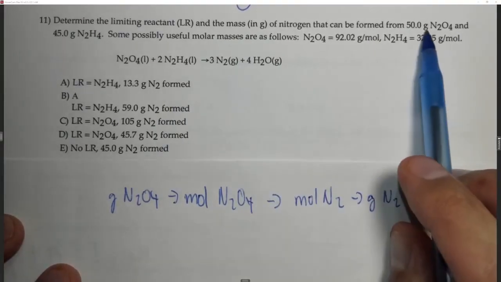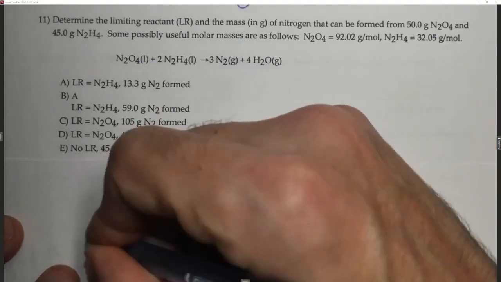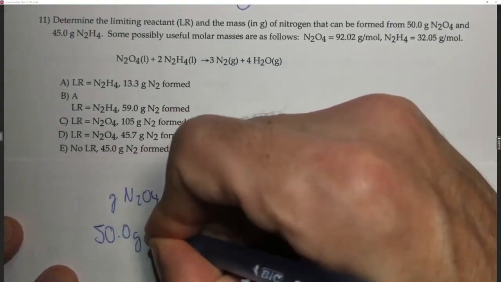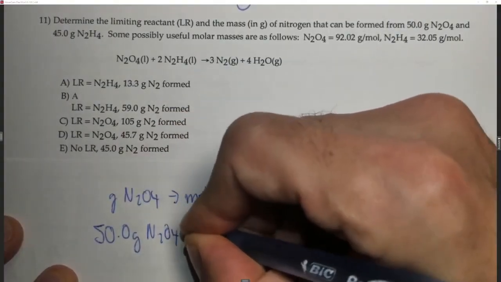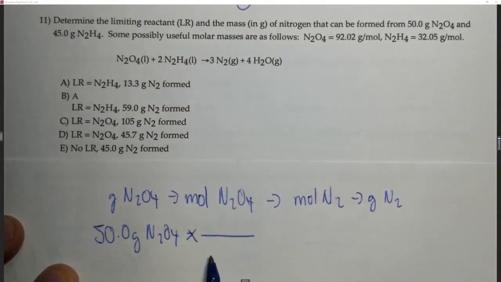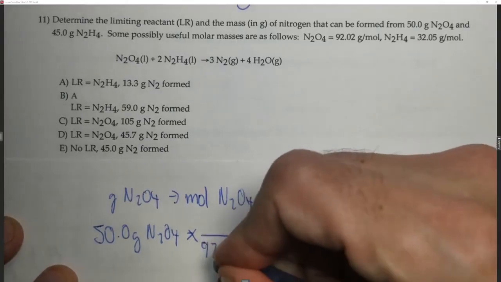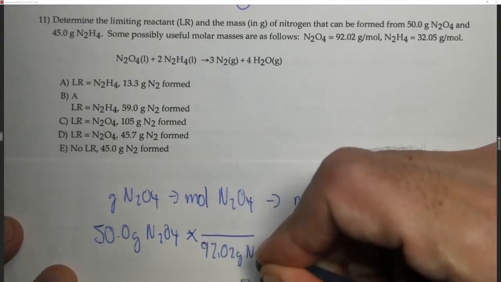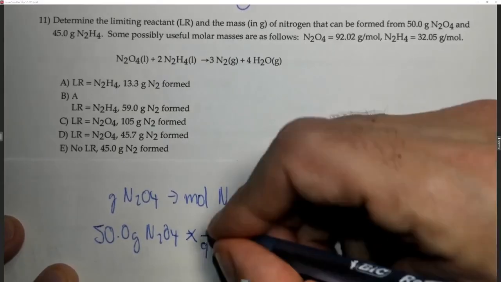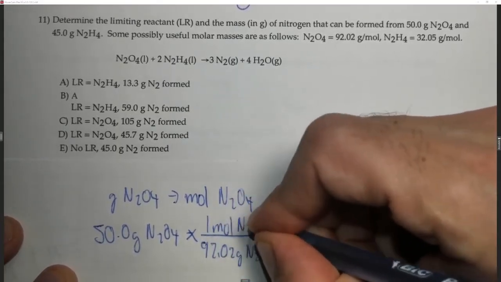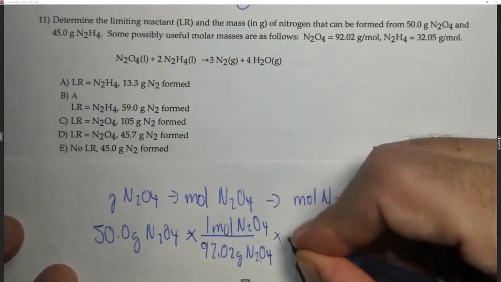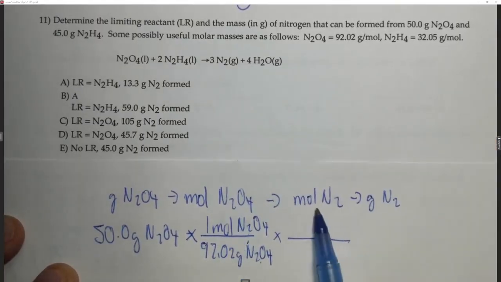So in this case, we have 50 grams of N2O4. To convert it to moles, we need to put the molar mass on the bottom. Conveniently, the molar mass is provided to us. So we get the 92.02 grams of N2O4 on the bottom, and on top, 1 mole of N2O4. We now need to convert from moles of N2O4 to moles of N2.